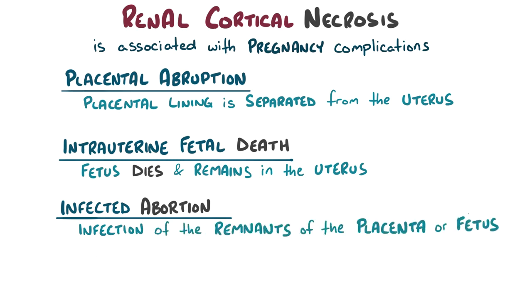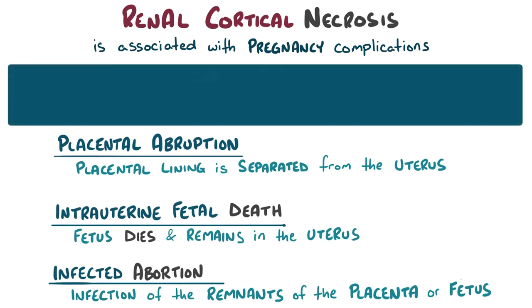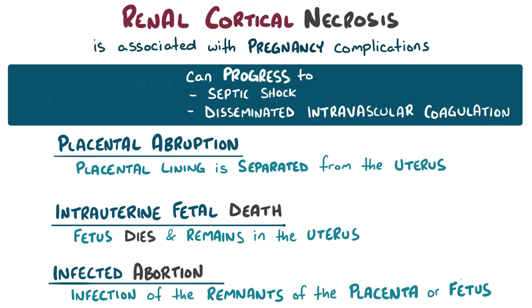All of these are obviously terrible complications, and they relate back to renal cortical necrosis because they can progress to septic shock or disseminated intravascular coagulation, both conditions that can lead to widespread formation of blood clots.